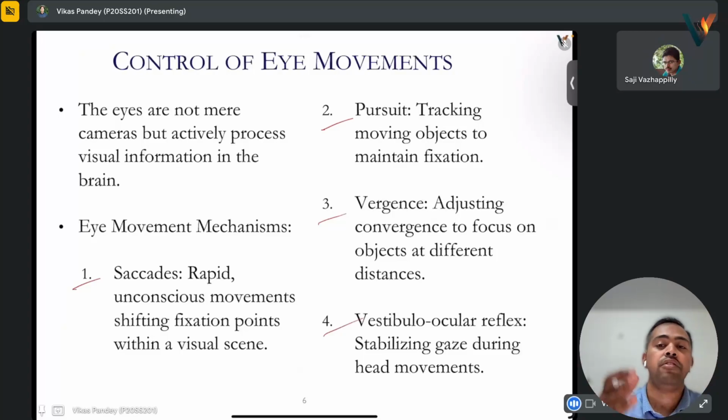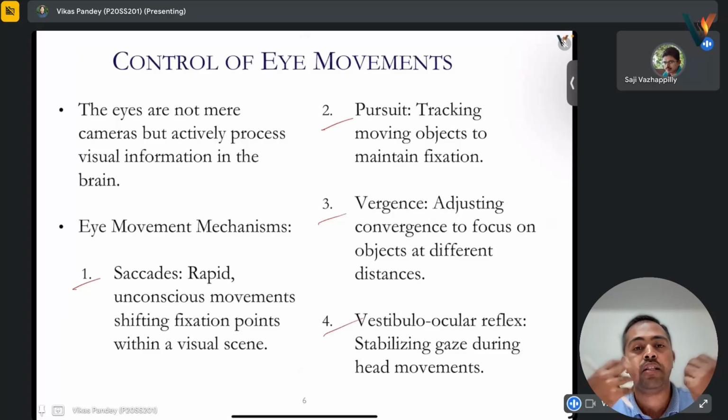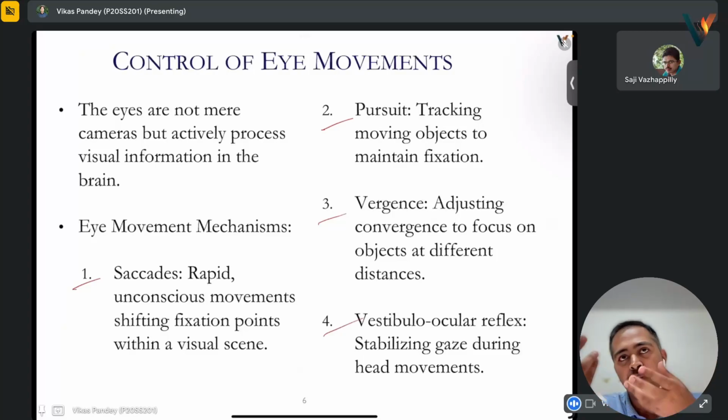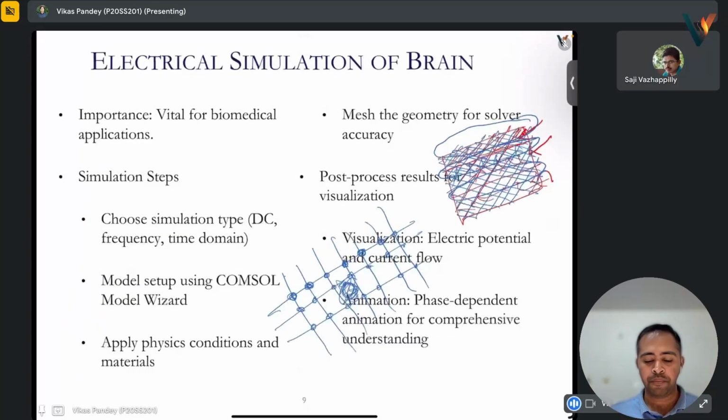Vergence is adjusting convergence to focus on objects at different distances, where we get spatial perception. The vestibulo-ocular reflex is when we move our head and yet the eye keeps focused on the object. This reflex is very similar to the reflexes we studied in the case of spinal reflexes.